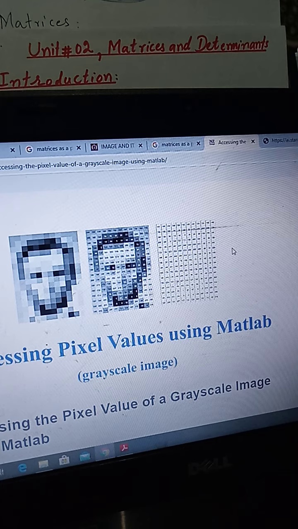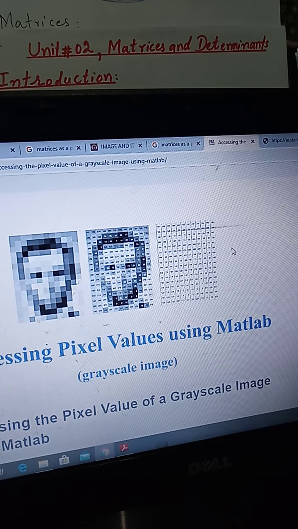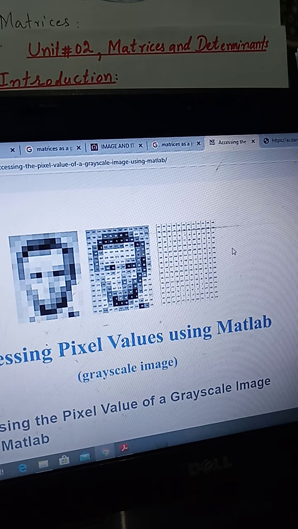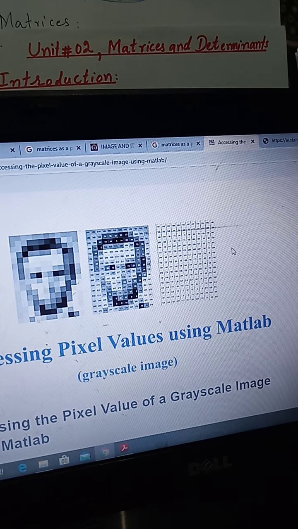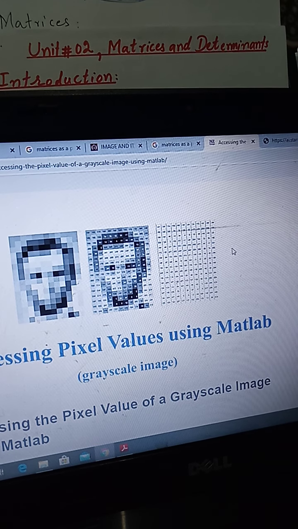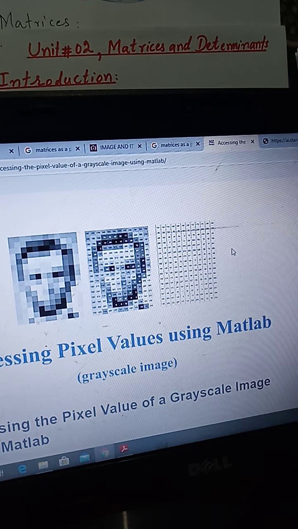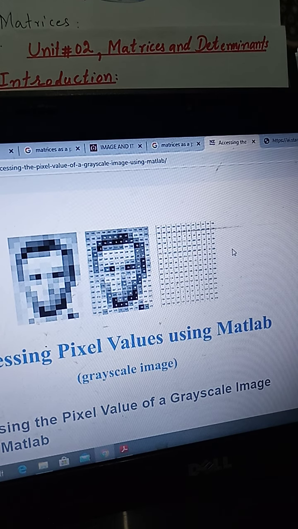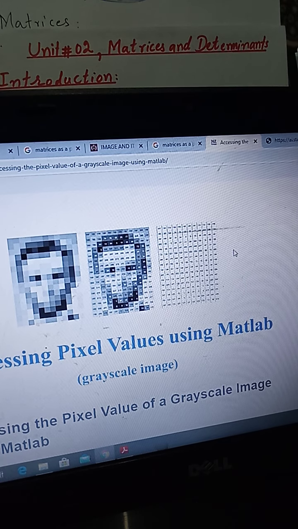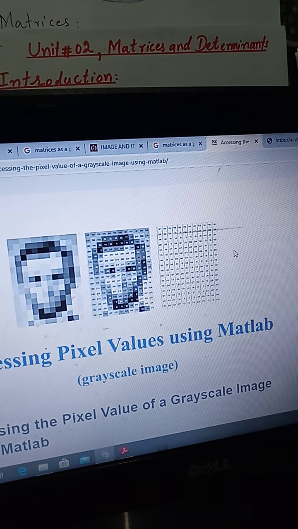That's why most of the work in this chapter will be on square matrices. We will find the determinant of square matrices only. We will find the inverse of square matrices. We will find the rank of a square matrix. We will convert a square matrix into echelon and reduced echelon form.